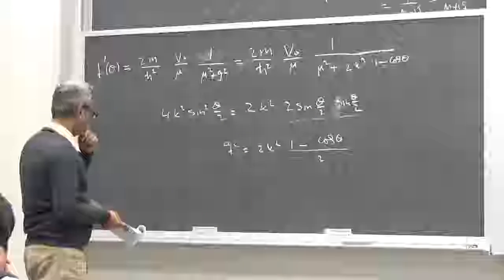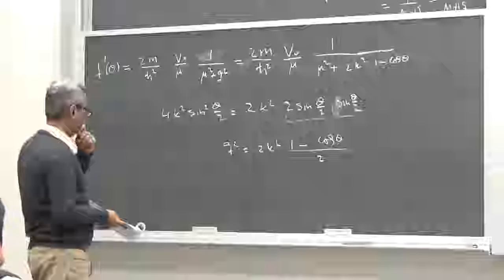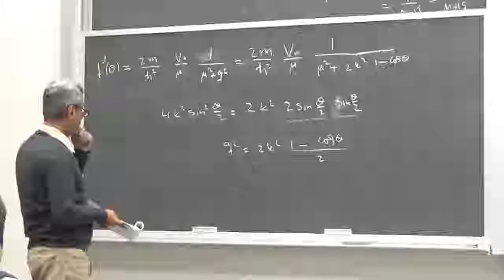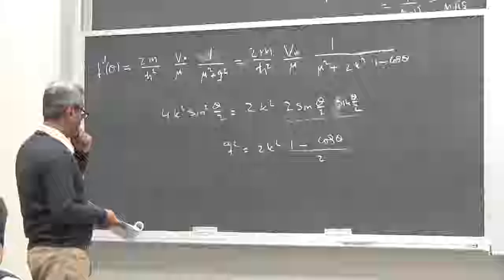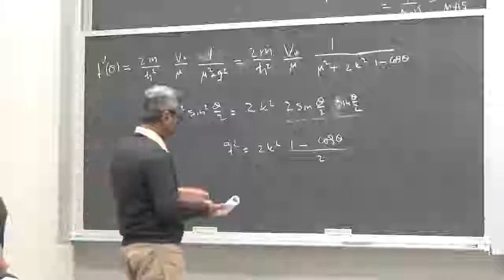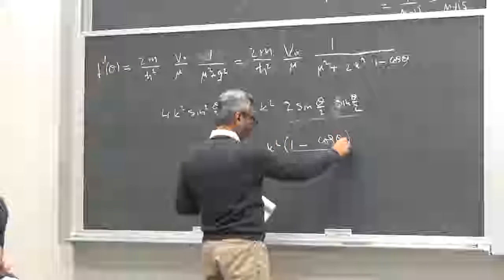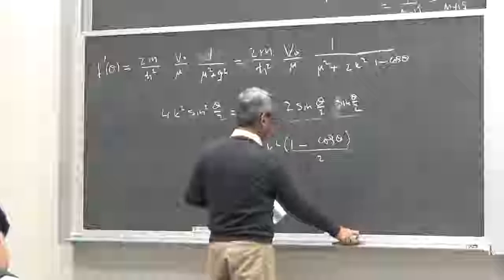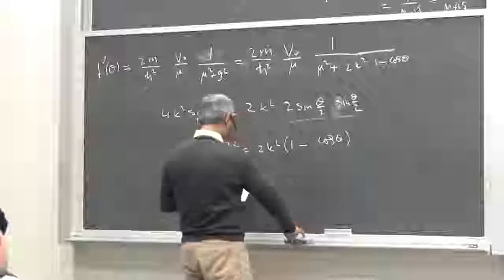Is there a mistake there? It's actually 1 minus cos theta. So the 2 will not come, the 2 will not come, is there anything else?